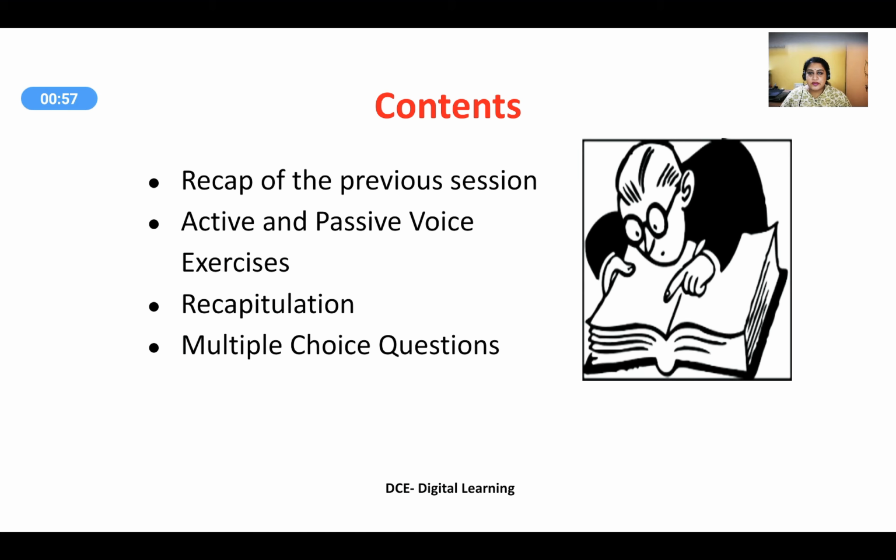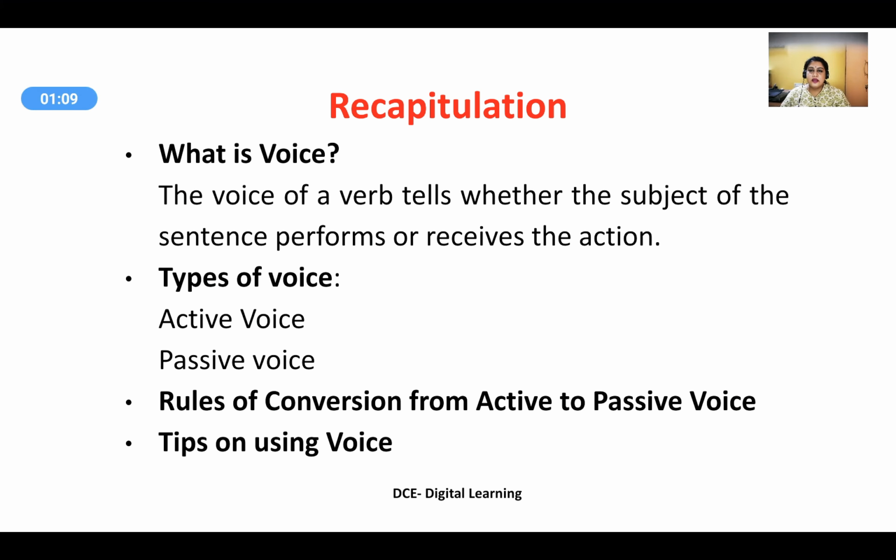The contents of the presentation: recap of the previous session, active and passive voice exercises, and finally one more round of recapitulation followed by multiple choice questions. Let us try to recapitulate. What is voice? The voice of a verb tells whether the subject of the sentence performs or receives the action.